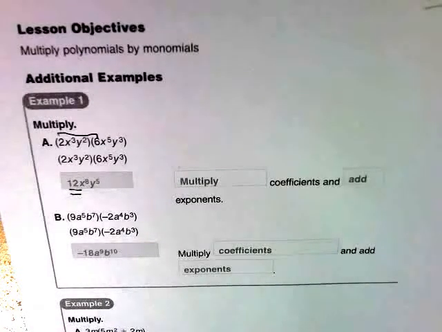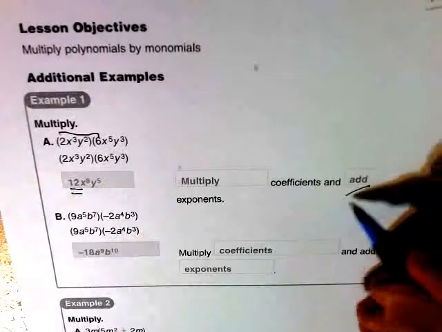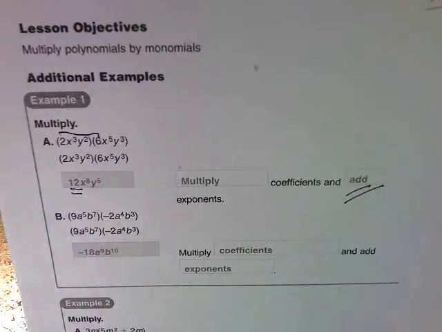Hopefully you remember the product of powers rule. The product of powers rule says that when you have variables and you're multiplying them together, the parts with the same base, when combining them with multiplication, you actually add the exponents, which is why in the directions it says we are to add the exponents.